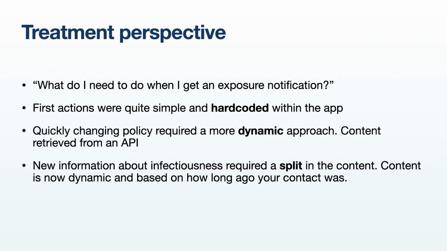So then we made an even smarter version of this, where we have different types of content for different people based on how long ago your infection or your possible infection was. And I think this is a perfect example of building something quickly that is adequate for the situation, and then iterating upon it and making it more, not necessarily complex, but more based on the requirements that you have at a point after development.